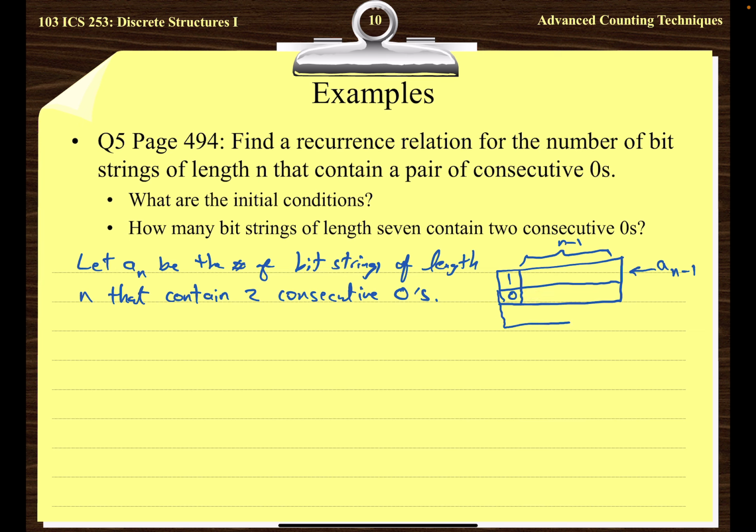Now you tell me why. If it starts with two zeros, it will be an. How many bit strings of length n contain two consecutive zeros and start with 0, 0? All of them. What do you mean, all of them?